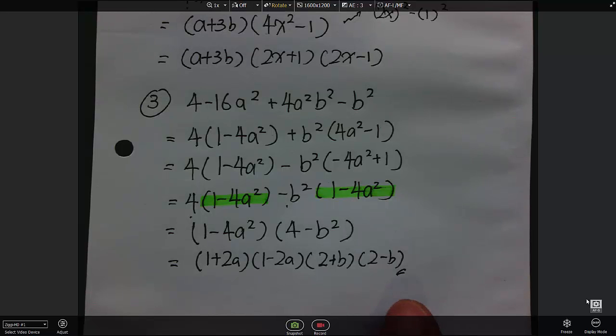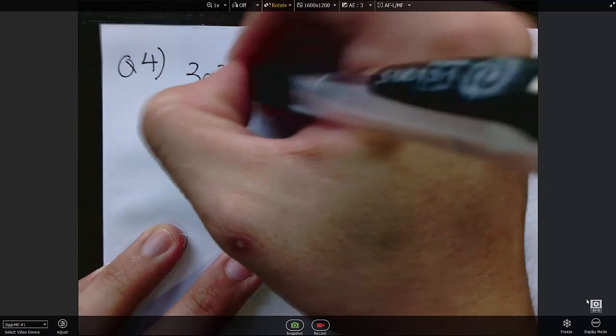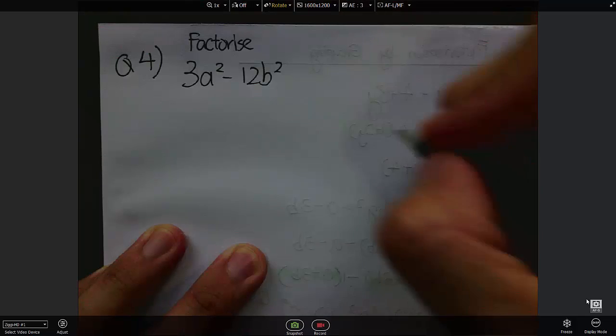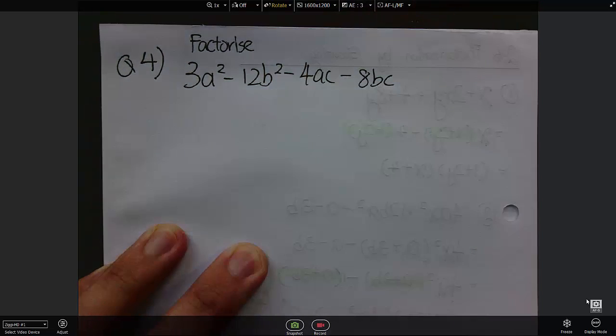Okay, we move on to question 4. Let's write out the question. We have to factorize 3a squared minus 12b squared minus 4ac minus 8bc.